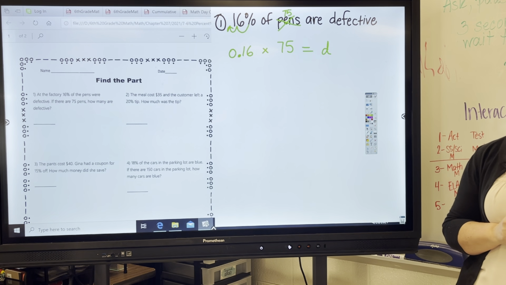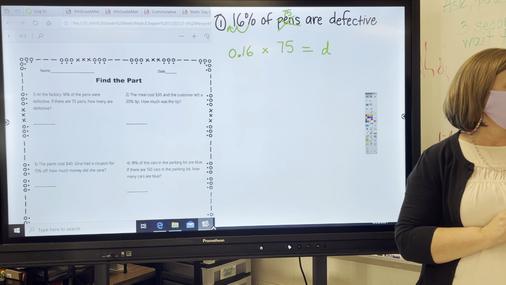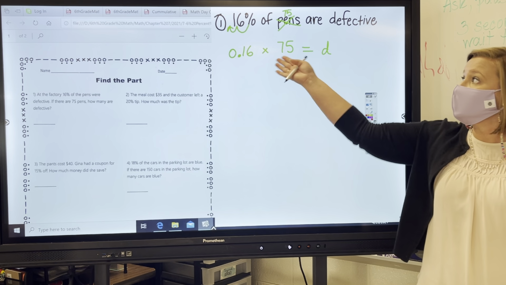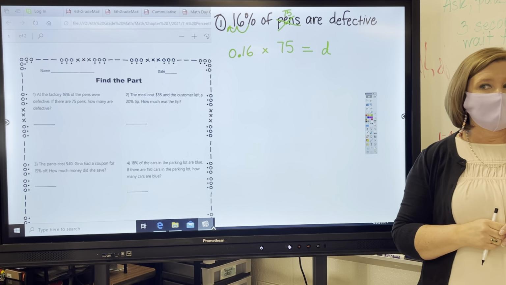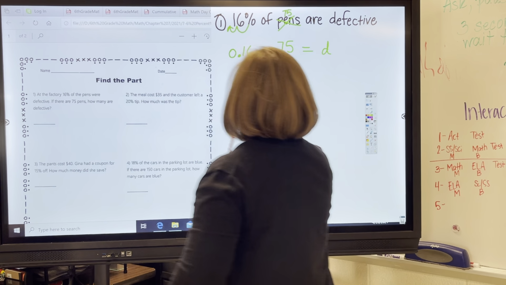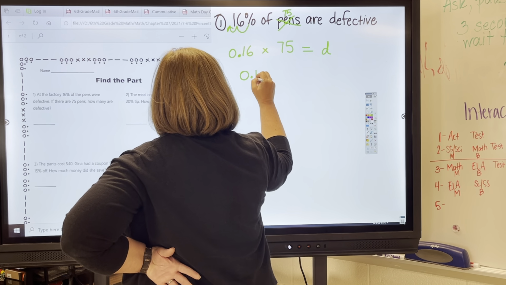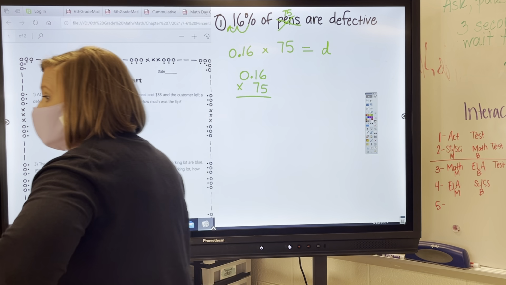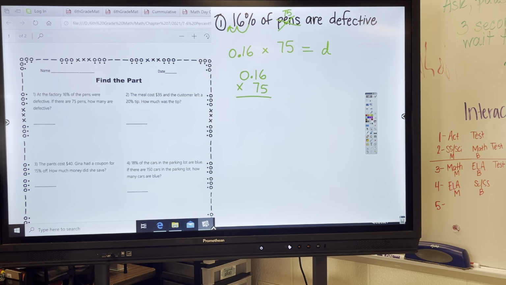So what are we going to do to figure it out? So you're going to move the decimal? Mm-hmm. What does it tell us to do? Multiply. That's it. So we've got 16 hundredths times 75. I want you to do that on your paper. That is a skill that we've already mastered.